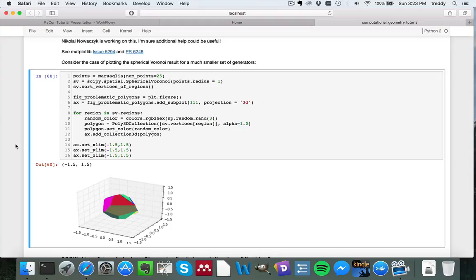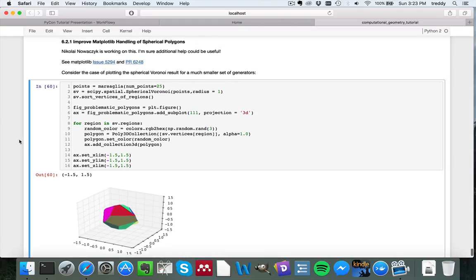I think I linked to this issue in the discussion of some of these problems, and there are also questions like: can Matplotlib ever reasonably handle the case of, for example, an entire hemisphere?